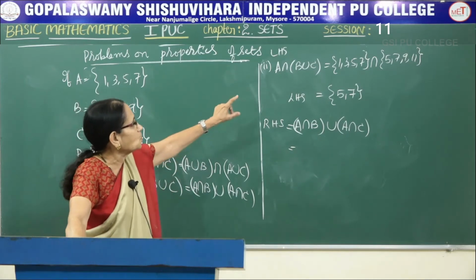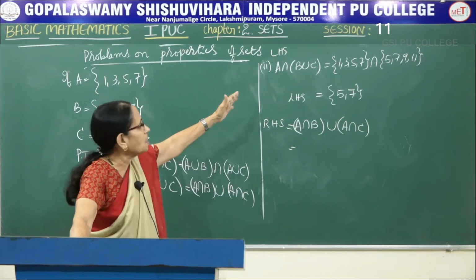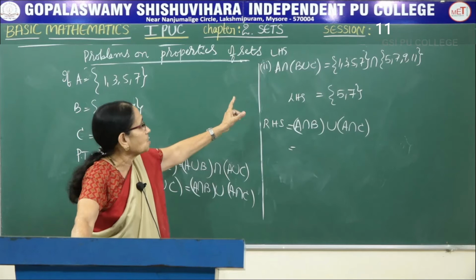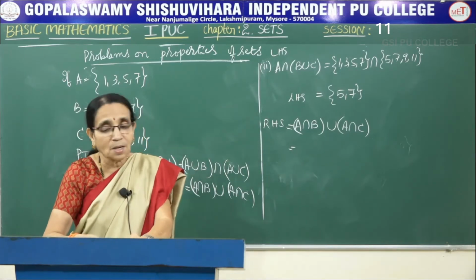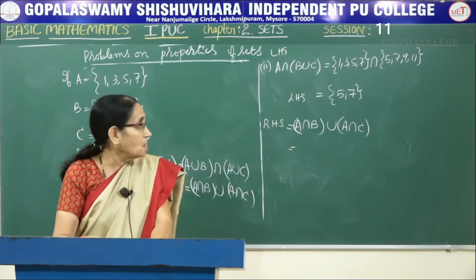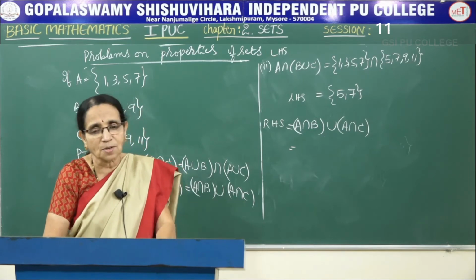So on the left hand side I took the union of B and C, then with A combined taking the intersection. Right hand side is individually I am taking the intersection A intersection B, then taking the union with A intersection C. So first I have to calculate both A intersection B and then A intersection C.